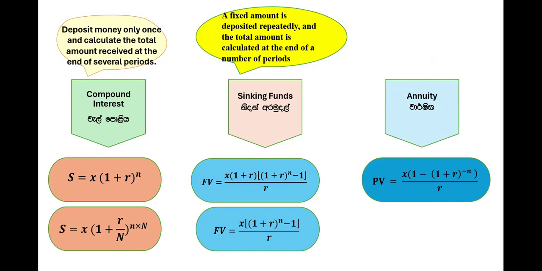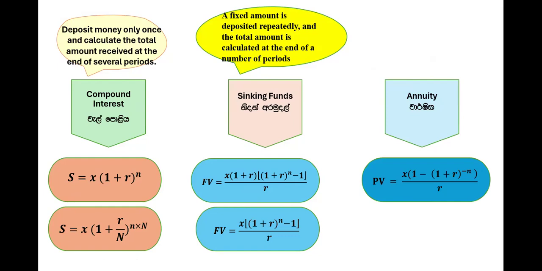Here, a fixed amount is deposited several times, not one time. In compound interest, we deposit a single amount, that's all. But here, you will deposit a fixed value several times. For example, you deposit 10,000 at the end of the first year, 10,000 at the end of the second year, and also 10,000 at the end of the third year. After that, you have to find the total amount after 3 years. Not a single amount, they deposit a fixed, equal amount several times.